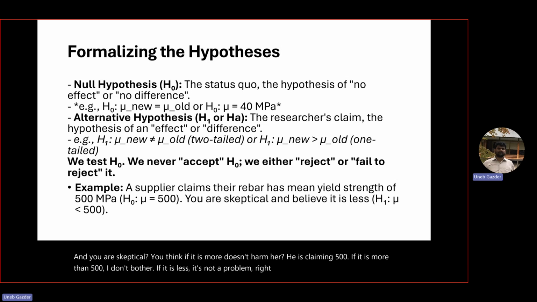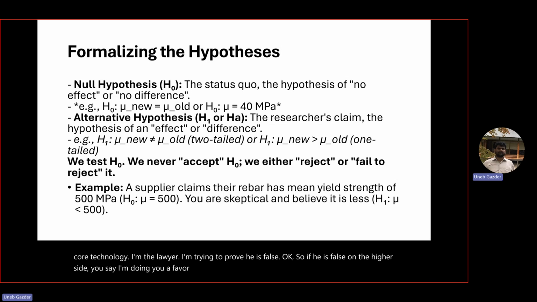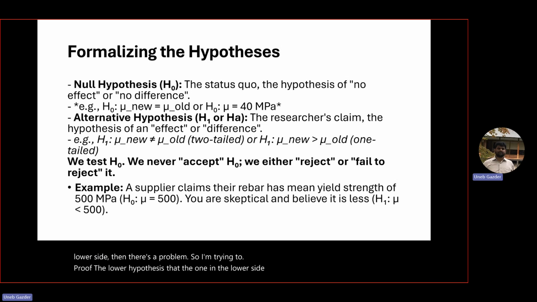So I'm now again going back to the court terminology. I'm the lawyer, I'm trying to prove he is false. If he is false on the higher side, you say I'm doing you a favor, you shouldn't be after me. But if I'm wrong on the lower side, then there's a problem. So I'm trying to prove the lower hypothesis, the lower side.